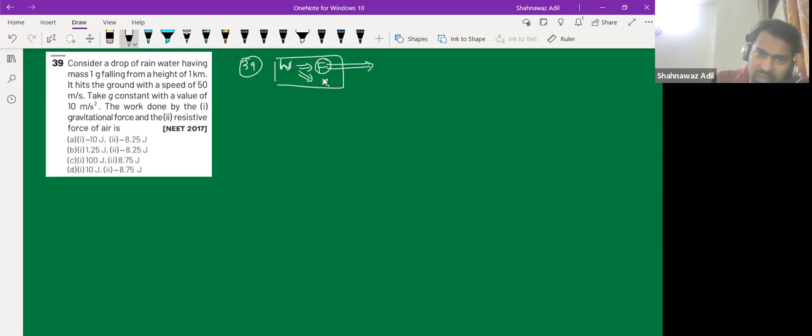If we are given the kinetic energy, then we calculate the work done by the change in kinetic energy. So for the work done by the gravitational force, we have to find out what is Fg.